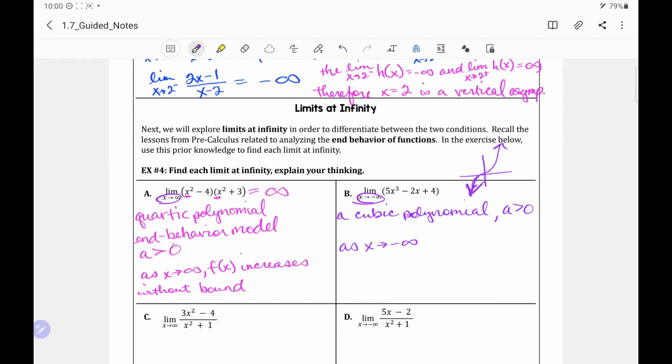So as x approaches negative infinity, f of x decreases without bound. So that means the limit is what? The limit is negative infinity.